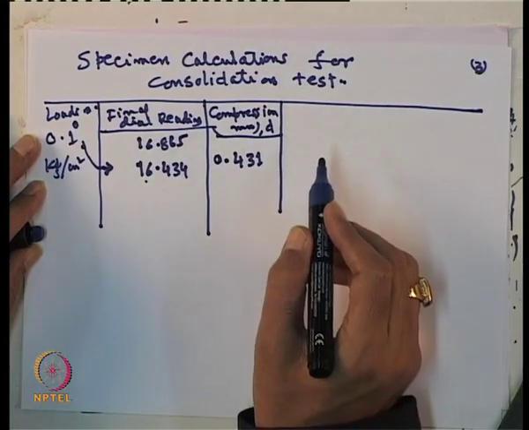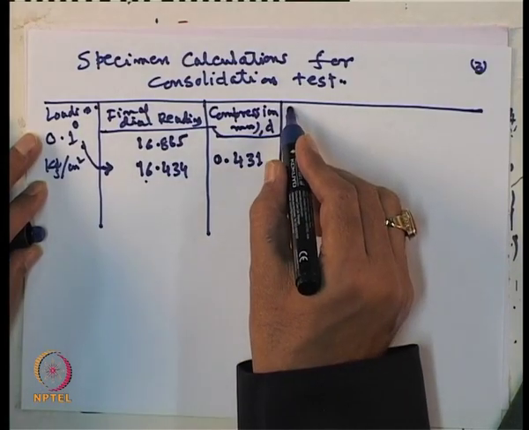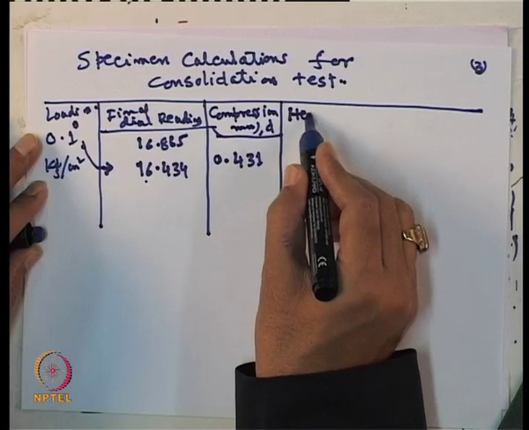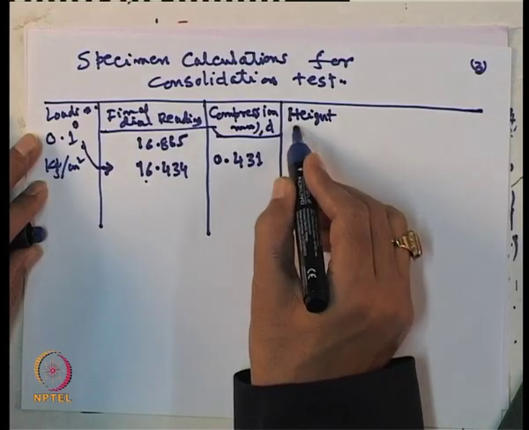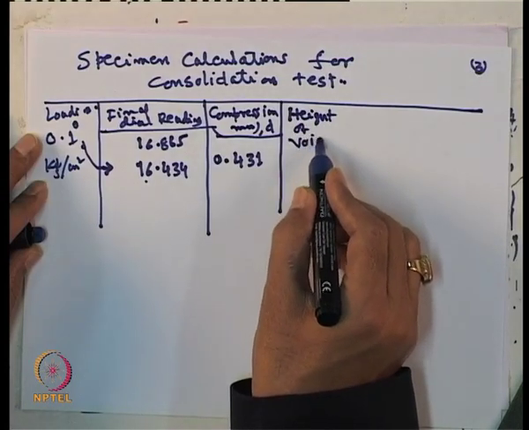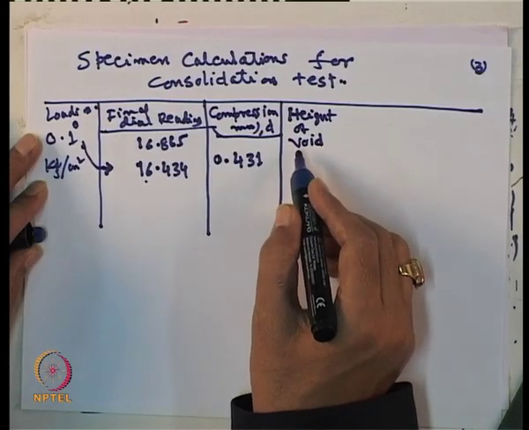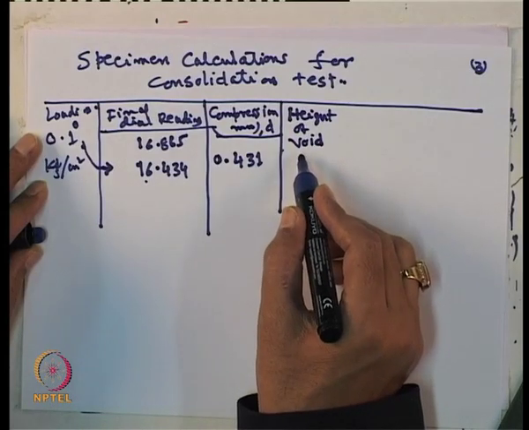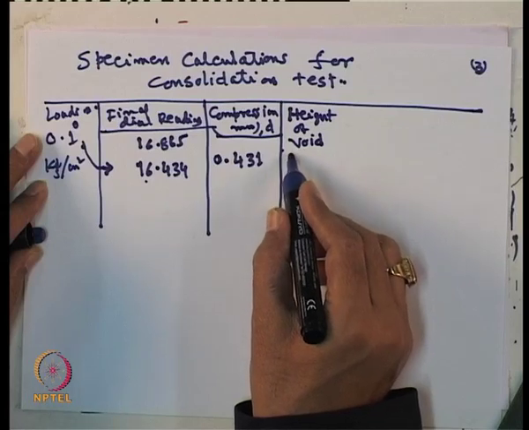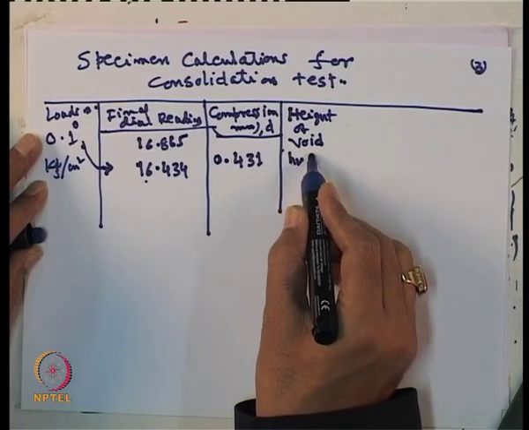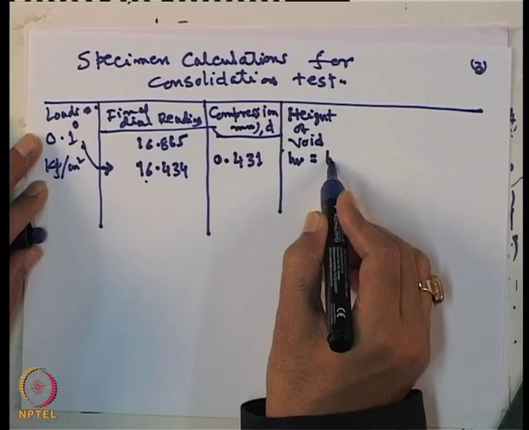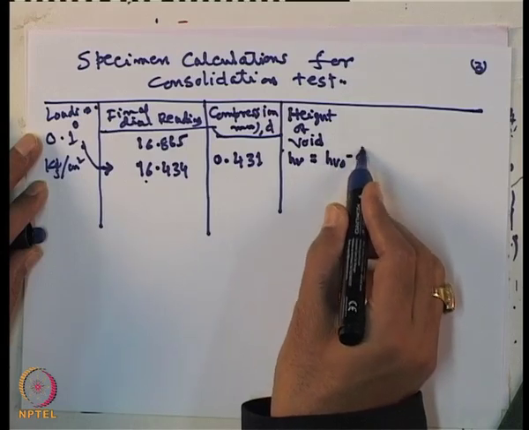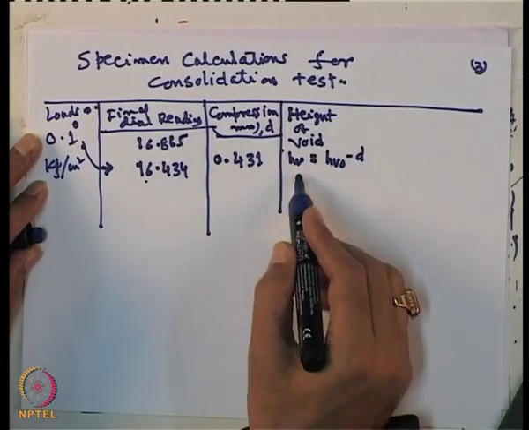Now, you can calculate what should be the height of void. Height of void, that means h of v is equal to h of v0 minus d. This is d.